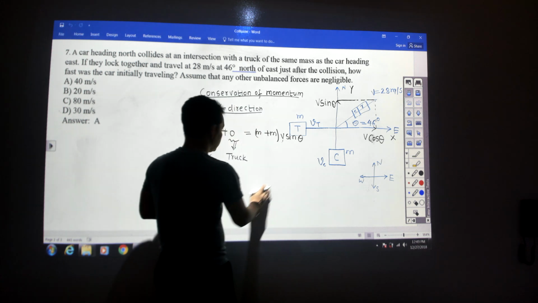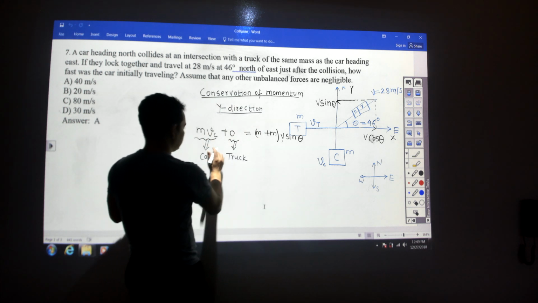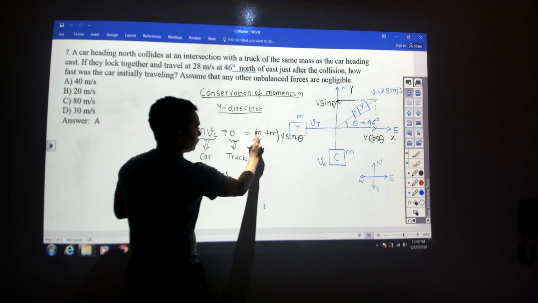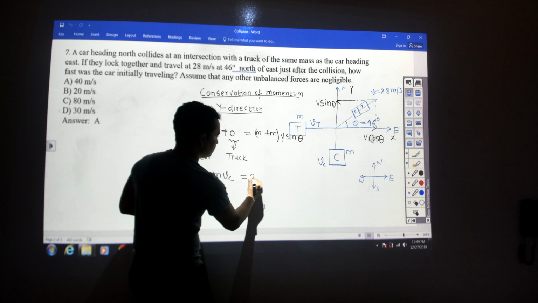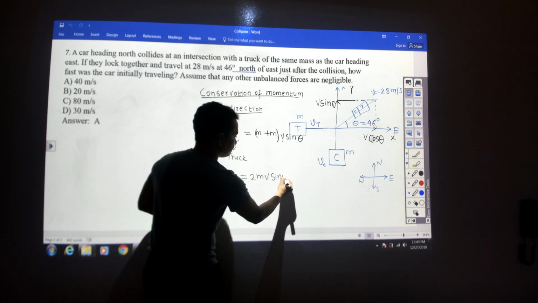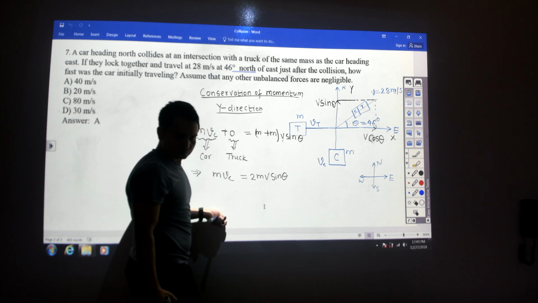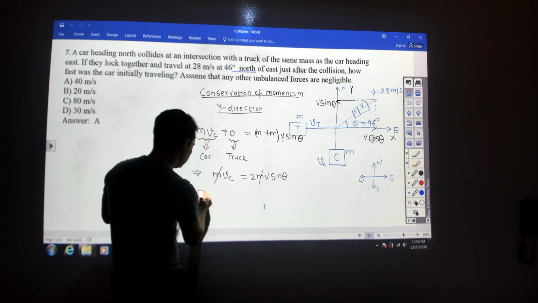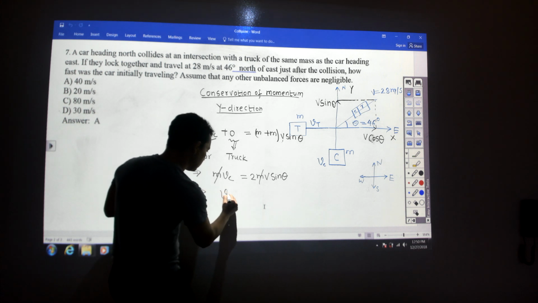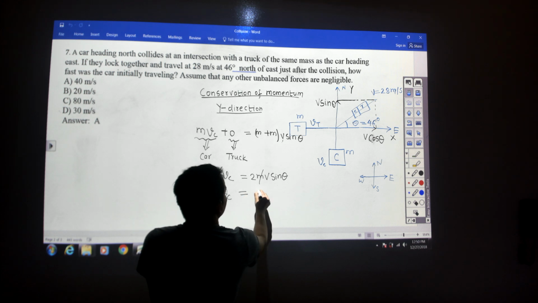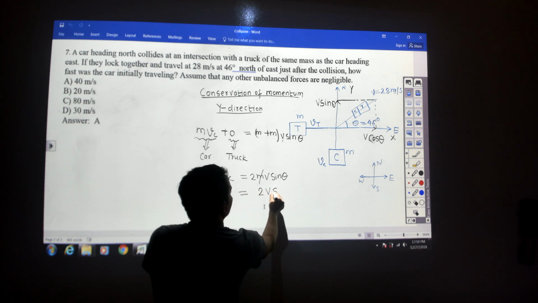We'll just solve it now. This one is simply m times vc, equal to 2m times v sine theta. The masses cancel out, so the velocity of the car is given by 2v sine theta.